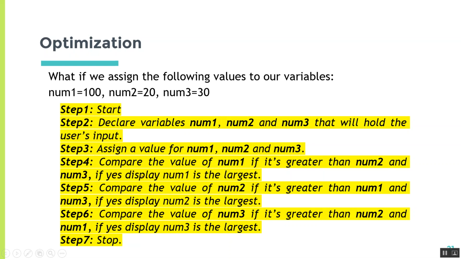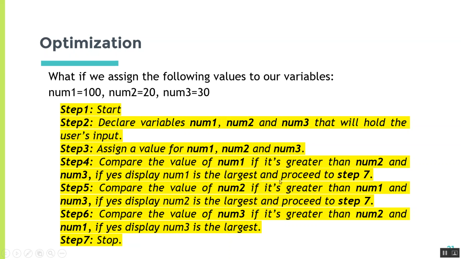So that's one problem, an optimization problem, that we need to resolve. Actually, class, since we're creating this algorithm, we can make solutions based on our assumption. We can add extra steps for those numbers. For example, in step 4, after displaying num1 is the largest, we can proceed already to step 7.